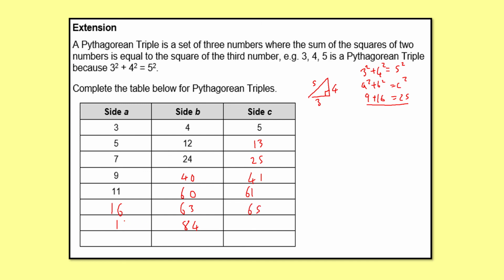And if that's going to be 13, it's 84 and 85. You won't get questions like these really. It's more likely to be something like the first one, 3, 4, 5. And well done if you've done that, it's perfect.